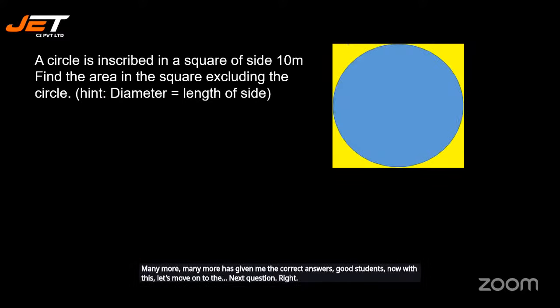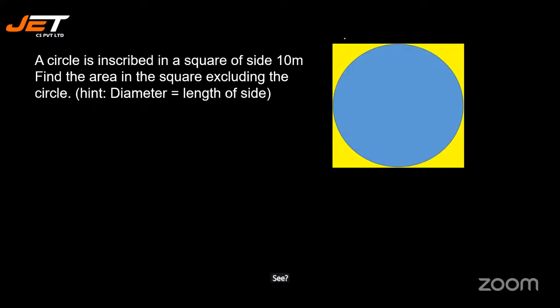Now with this, let's move on to the next question. A circle is inscribed in a square of side 10 meter. Find the area in the square excluding the circle. So one hint is diameter is equal to the length of the side.